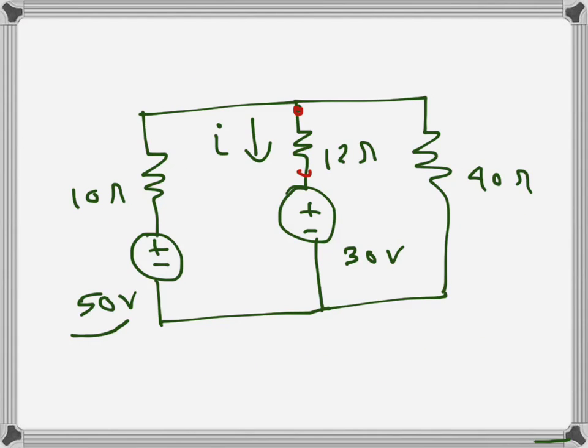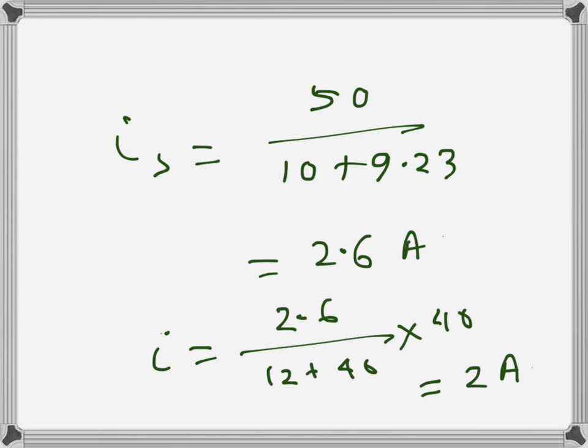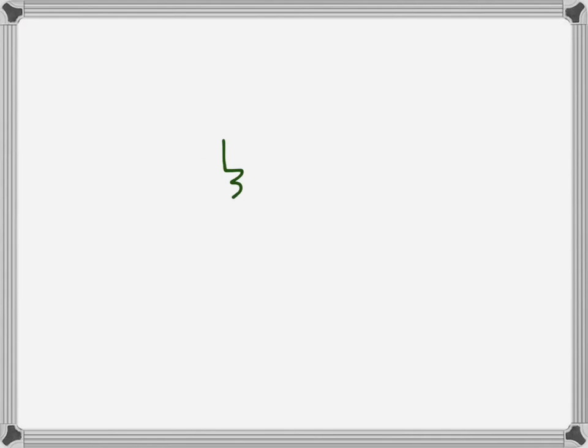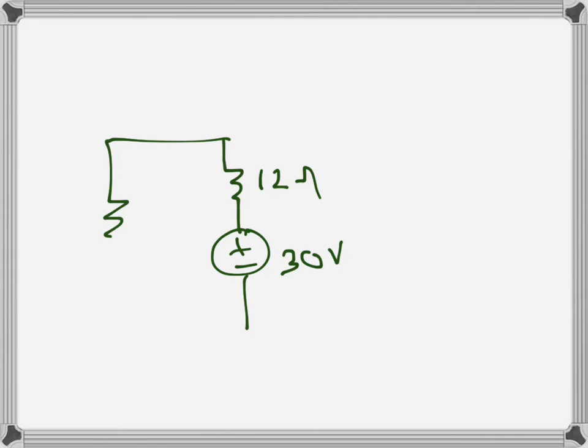Now we will consider the other, 30 volt voltage source. Sorry. So that's the 30 volts, 12 ohms, and then we have 10 ohms there, 40 ohms there.